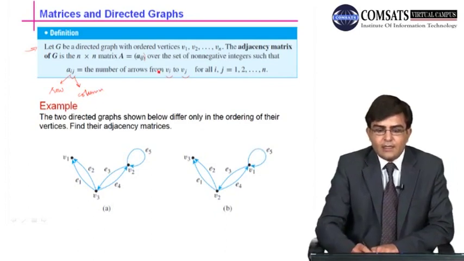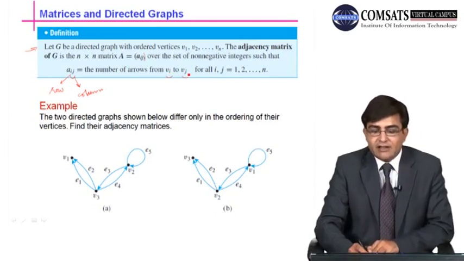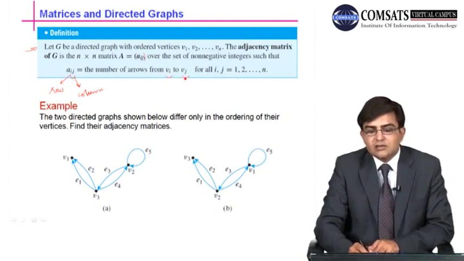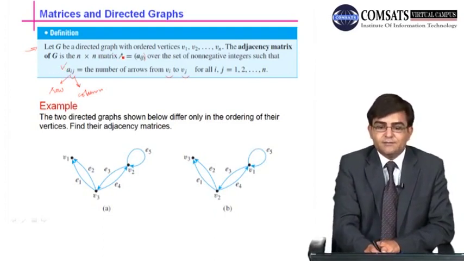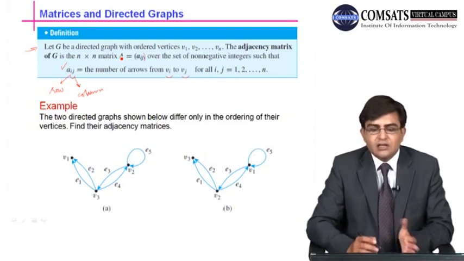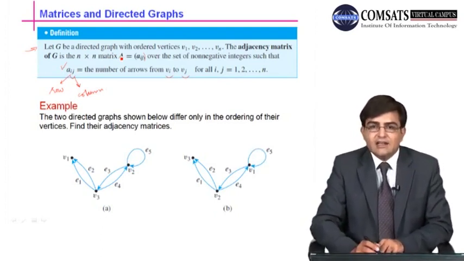So if you have one vertex vi and one vertex vj, the number of arrows from vi to vj will be the element of this matrix A. This is how we can construct an adjacency matrix of any graph G.